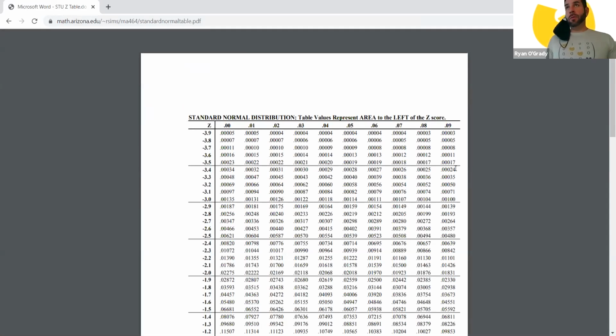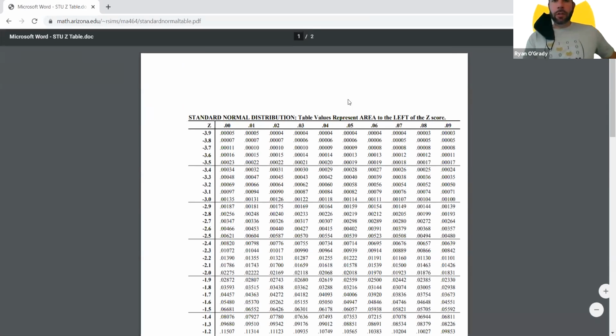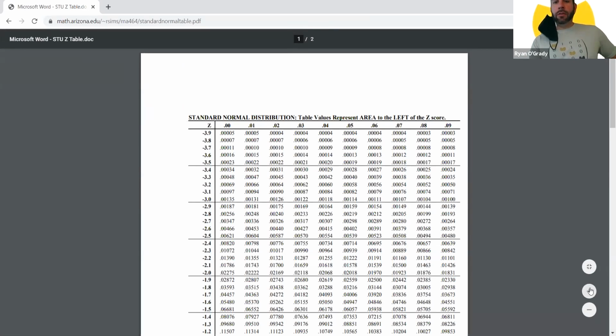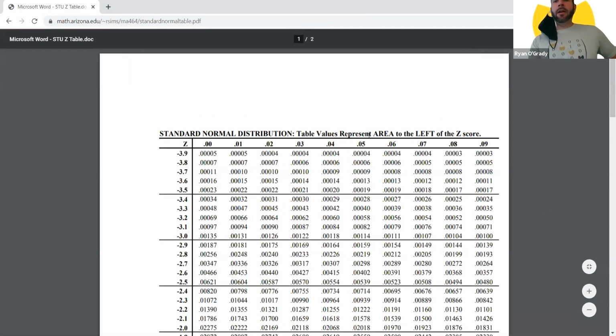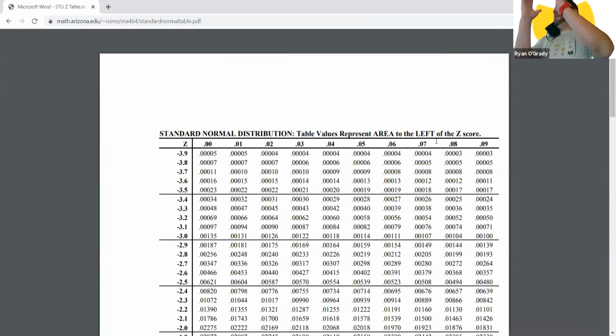Now we don't have to use this one, we can use any one, but let's look at the table value. If you look at the top, it's telling you how it's computing these values. It's the area to the left of the z-score. Well, that's not what we want, right? We want some area to the left, but we want to cut it off. So we now have to reason what this area is if we want to use this particular table.